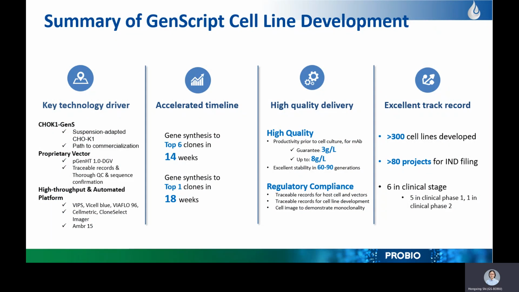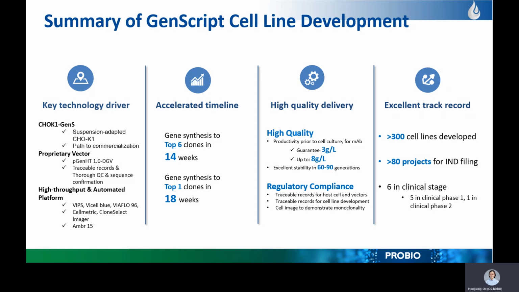This picture is a general introduction to the ProBio cell line platform. This platform has more than 12 years of experience. The cells we use are CHO-K1, after serum-free suspension culture. The traceability is clear. The platform is equipped with automated equipment and multiple imagers to meet the needs of monoclonality.